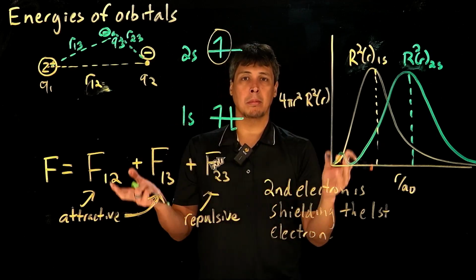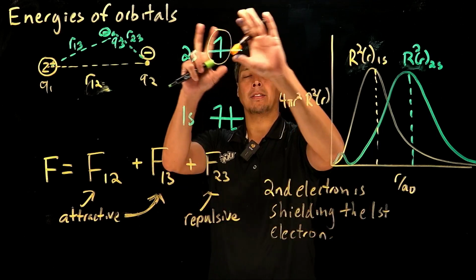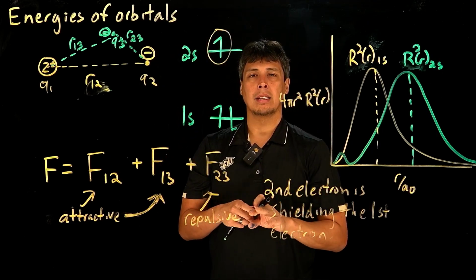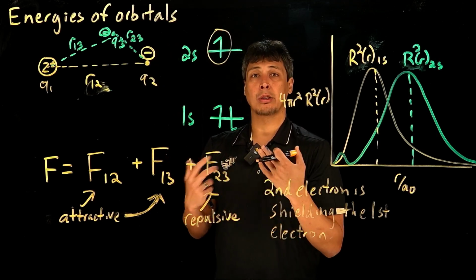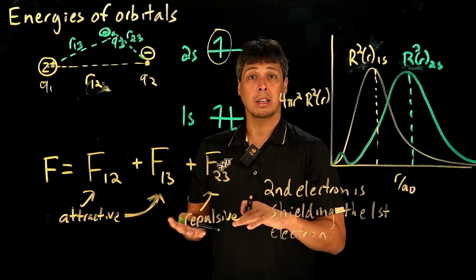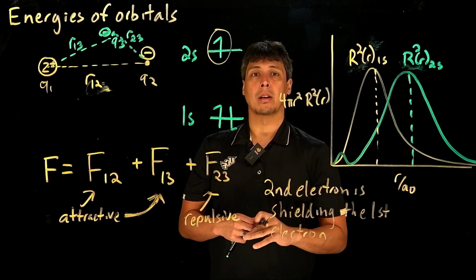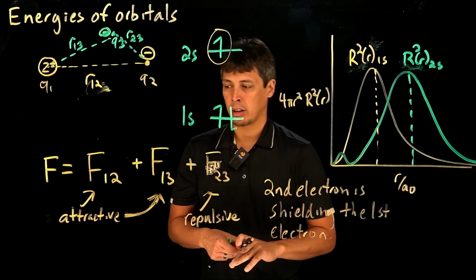And so the sum effect of this is that we can think of any given electron as still feeling an attractive force to the nucleus, but it's much less than what it would feel if it was the only electron in the atom.